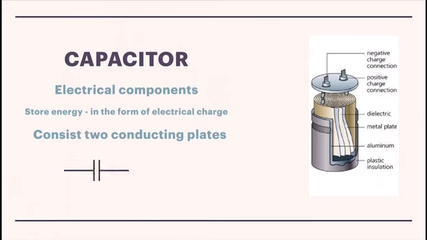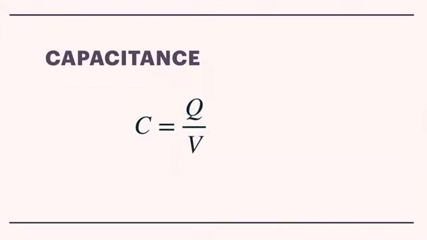The electrical symbol for a capacitor is like this, or we can draw it like this. Capacitance is the ratio of charge Q to the voltage V, which we call the potential difference.